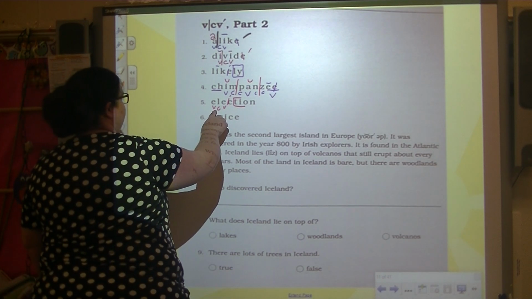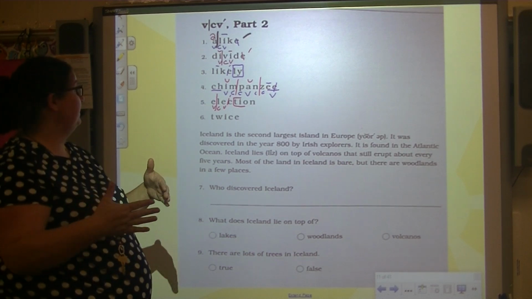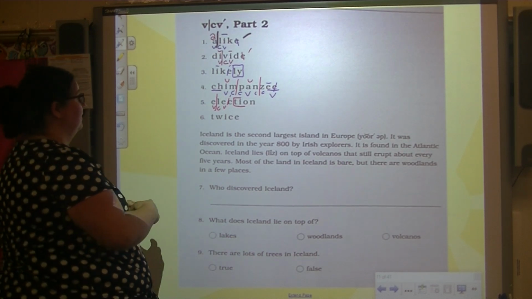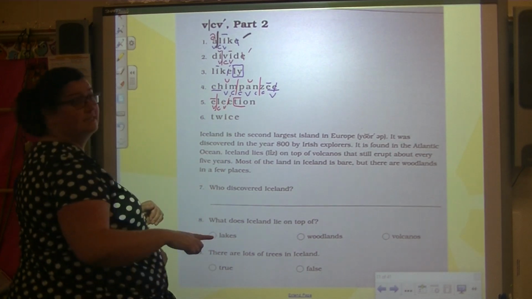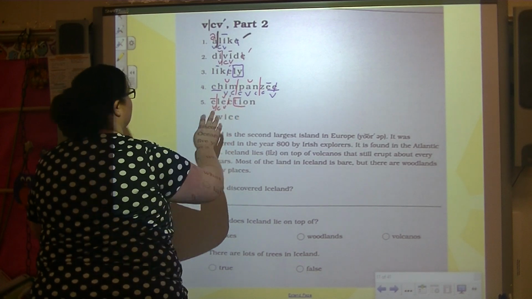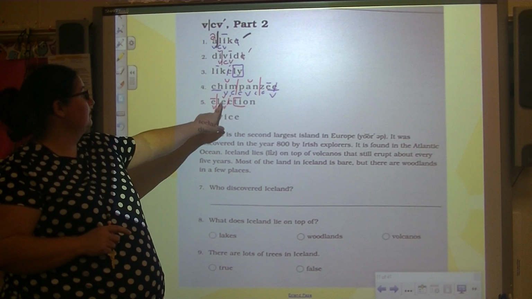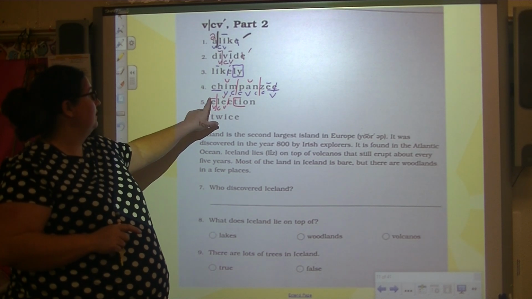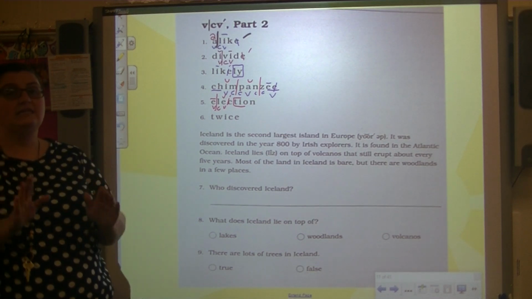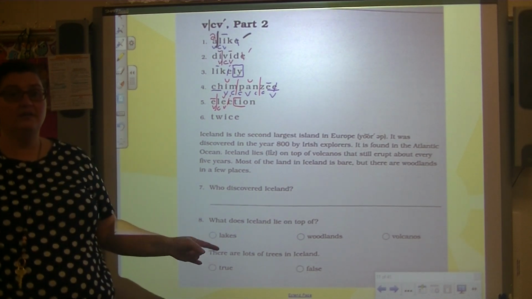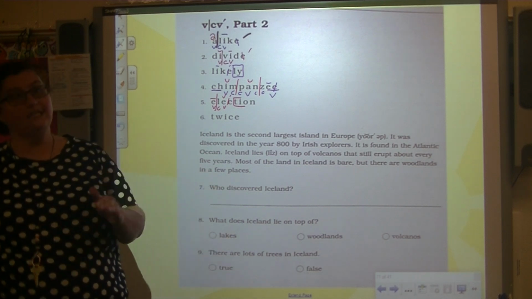Divide after the vowel. That makes our first one open. It's long. The second one, vowel followed by consonant, is short. Let's read it. Election. Put it together. Election. What word? Election. You get to vote at an election.